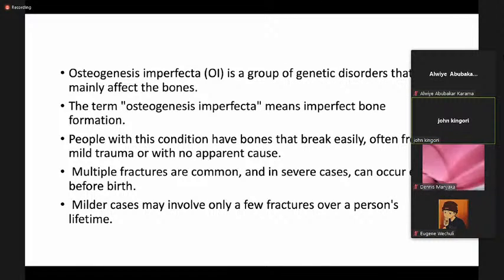Multiple fractures are common, and in severe cases, they can actually occur even before birth. Milder cases may involve only a few fractures over a person's lifetime.